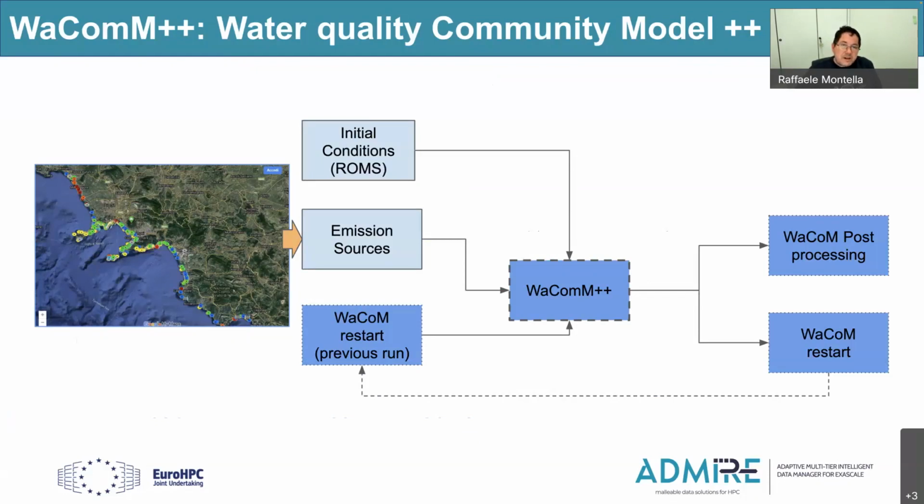This is the data flow of the Wacom++ model. The inputs are the initial conditions produced by the ROMS model, the model producing currents. We have to know the emission sources, basically where around the coast the pollutants are produced. Of course, we use data from the local government that periodically updates us about this information.